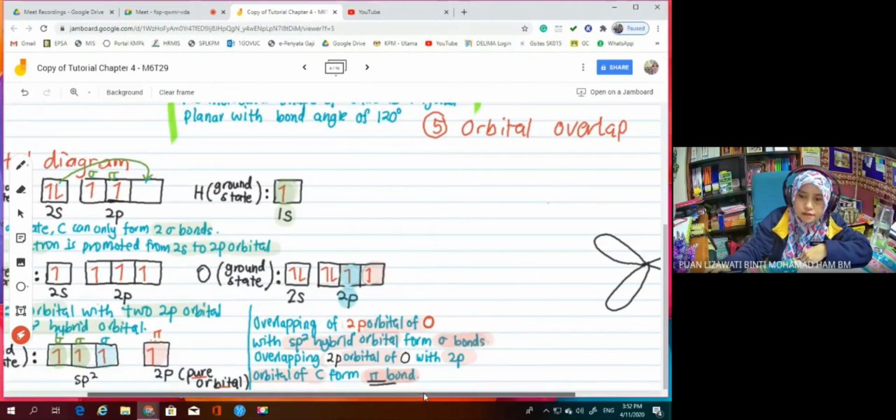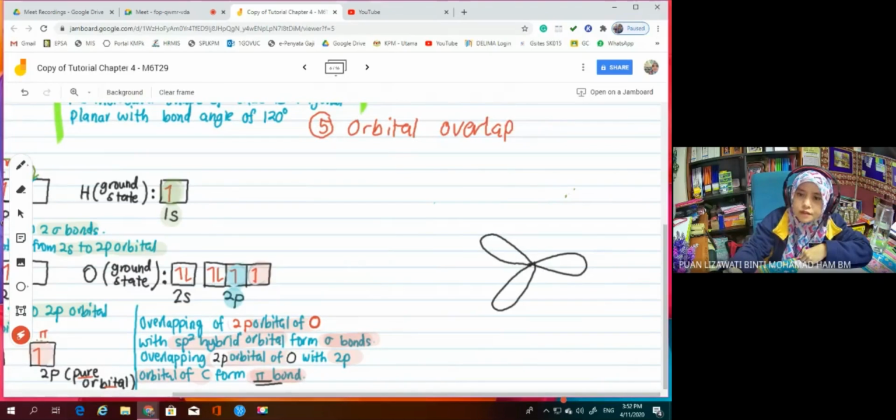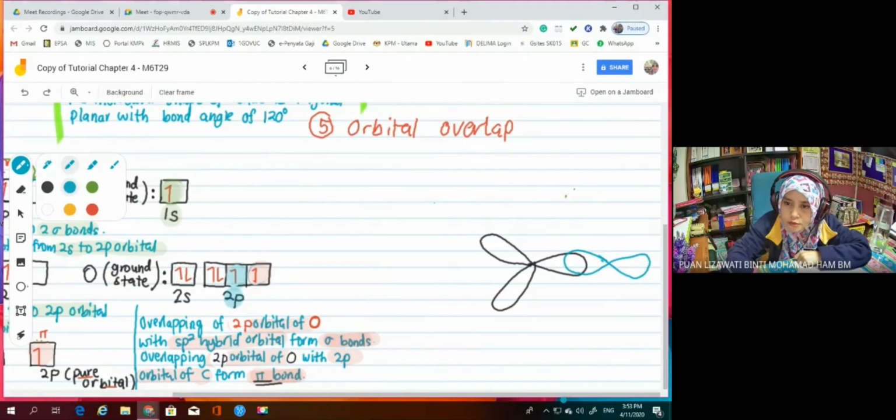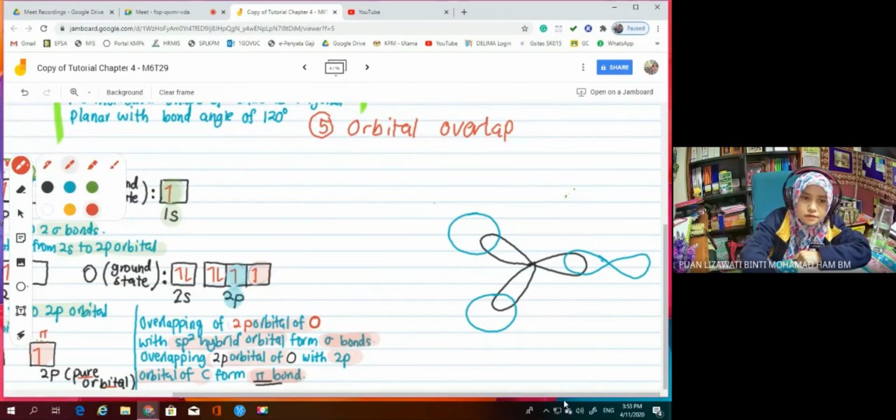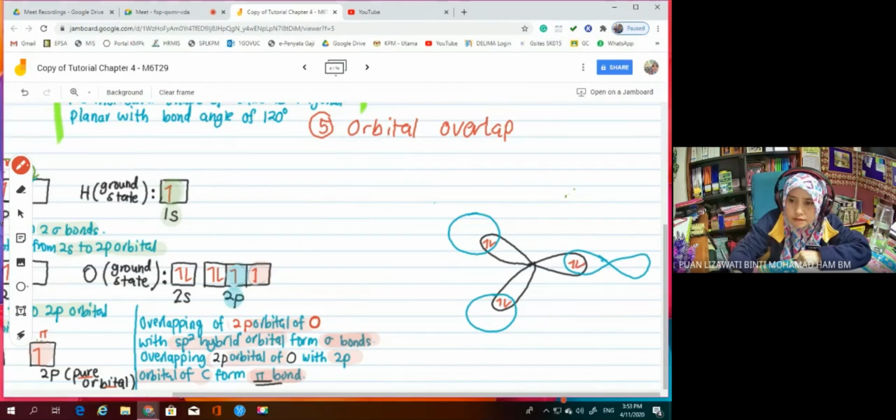So this is the first sigma bond. The other two sigma bonds are formed by the overlapping of 1s with the sp2 hybrid orbital. Label sigma and label the rest. Okay, so we have done the sigma.